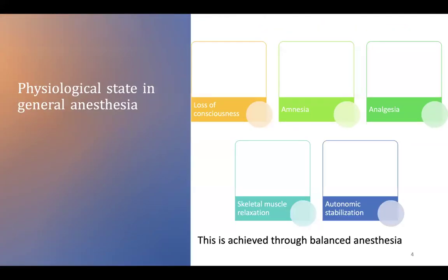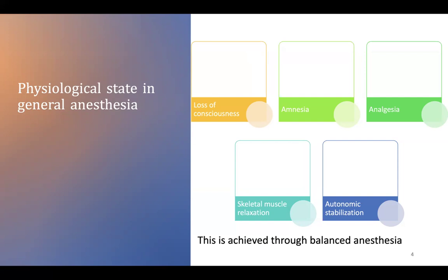Now, whenever we give these general anesthetic agents, there are a number of physiological states that would be produced in the patient. One is the loss of consciousness. Two is amnesia, because we don't want the patient to recollect whatever traumatic experience the surgery involved. We also don't want the patient to experience pain, so we create analgesia.